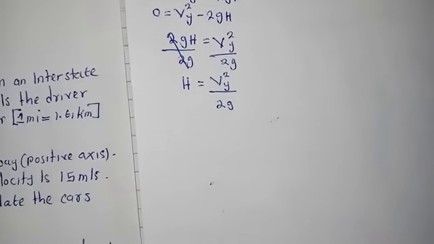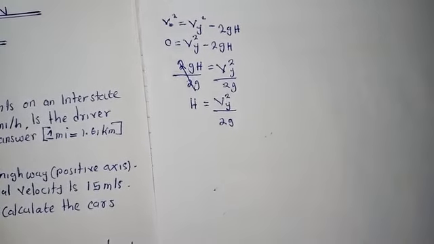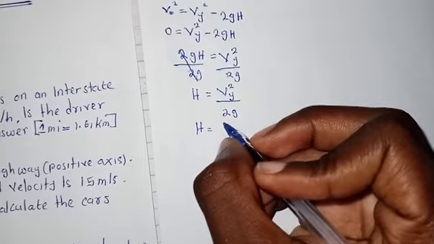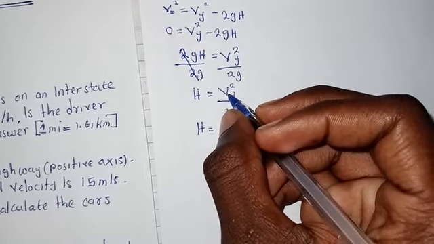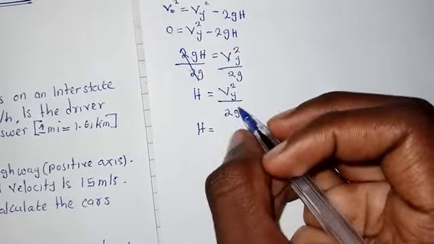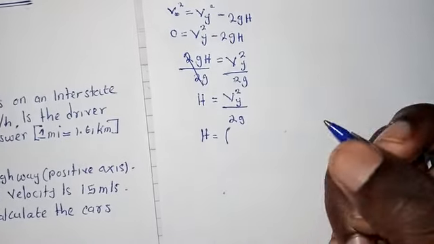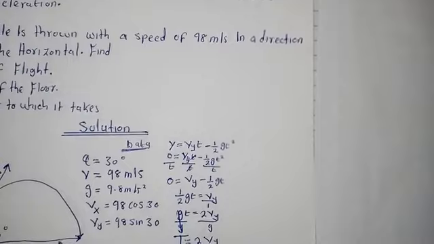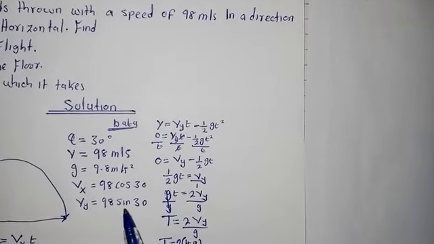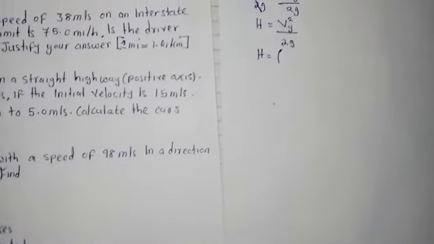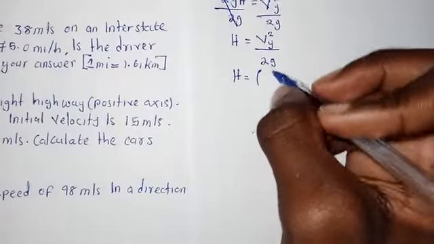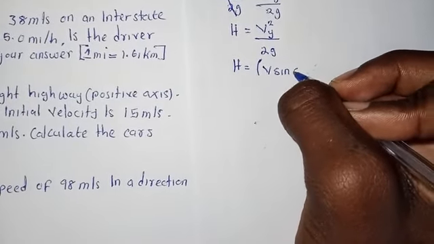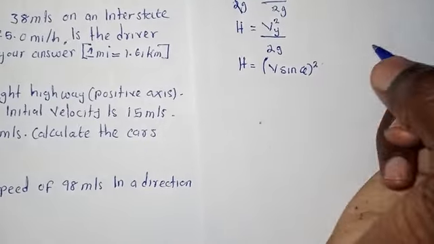What do we do from here? Now, this is just the same as H is equal to, we have what is the velocity here. Now this Vy in the data, we had written it, it's just here. This is the Vy, this expression. So this is just the same as V sine theta squared.